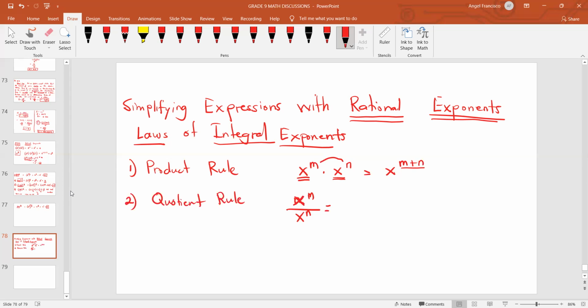So you have x to the m power minus n. You are going to subtract the exponent provided that the bases are the same value or of the same letter. Okay, so here is what you're going to do.